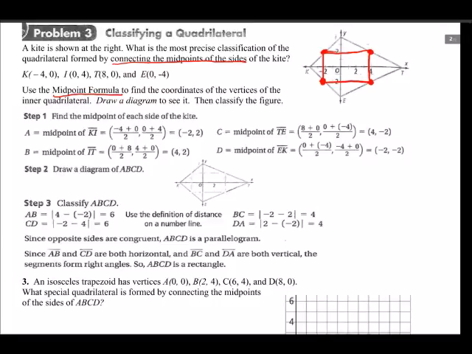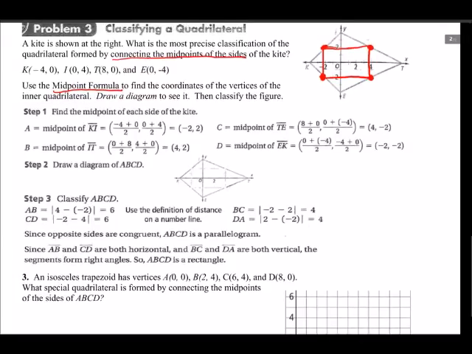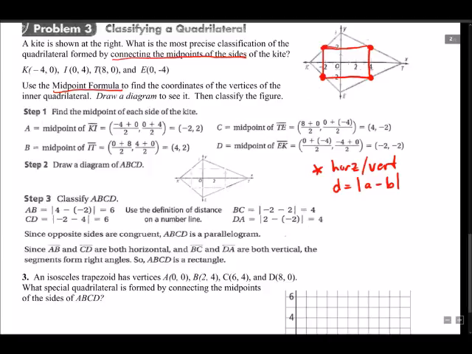Now, if you remember, the distance formula for horizontal and vertical lines is the ruler postulate. So for horizontal and vertical lines, distance equals the absolute value of the difference of your points. So that's what's being used here.